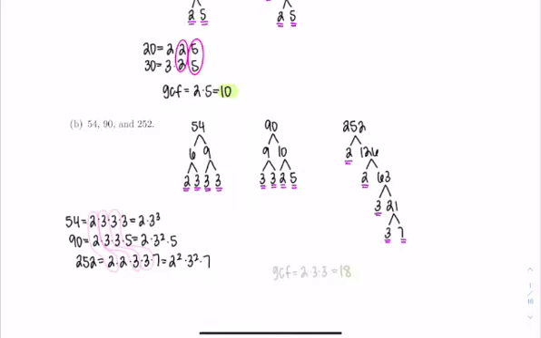And so we want to see what these have in common. Well, across the board, they all have a 2 in common. They also have a 3 in common, and another 3 in common.